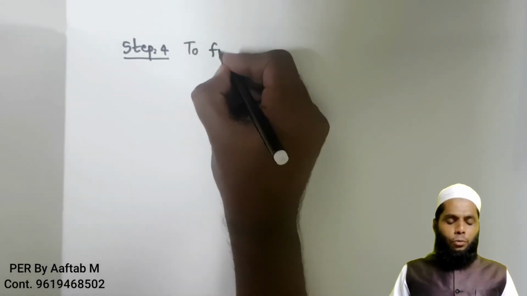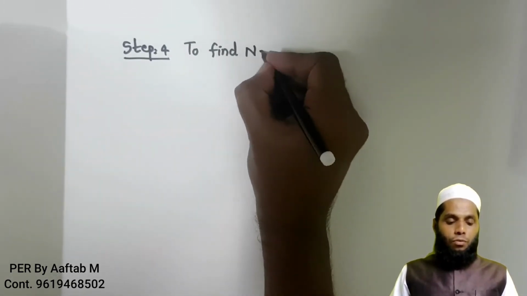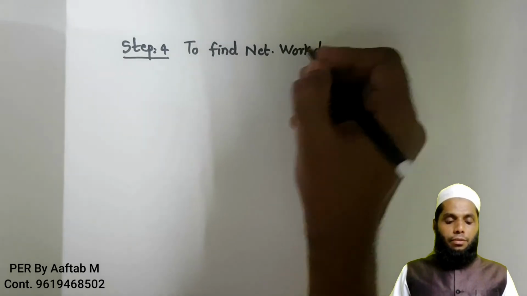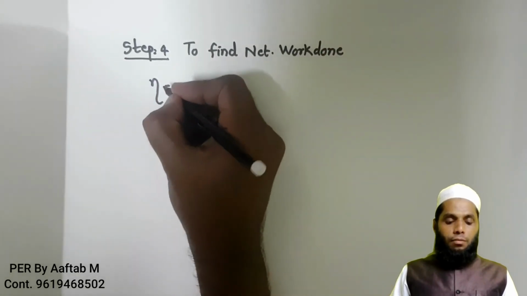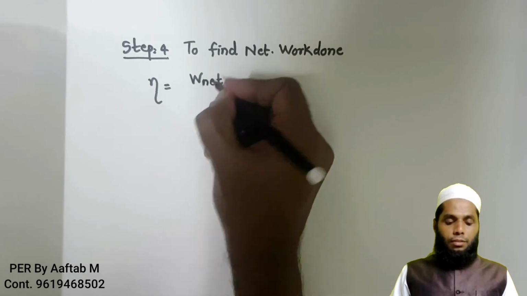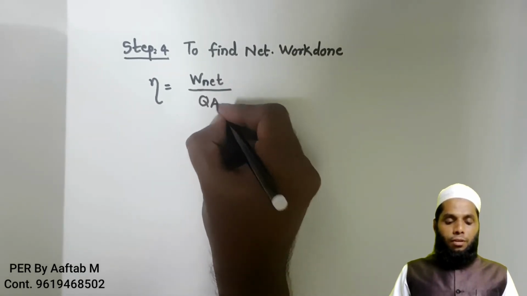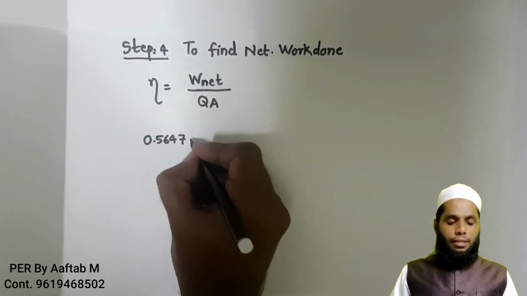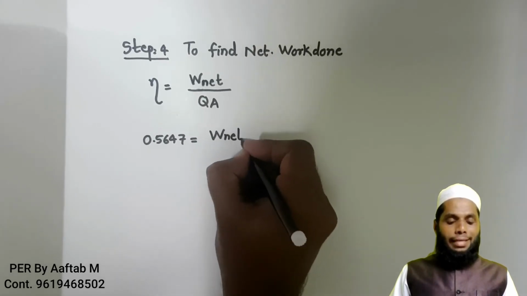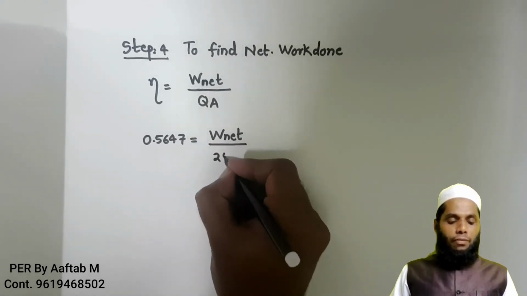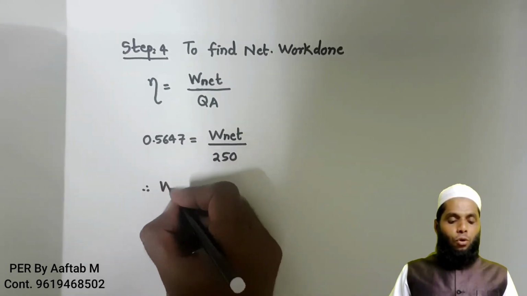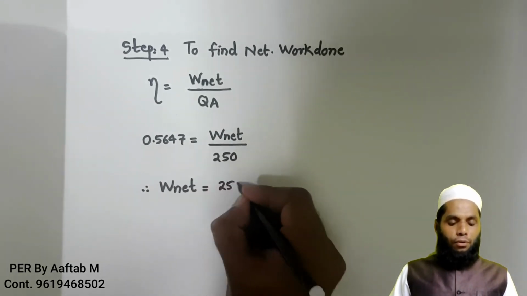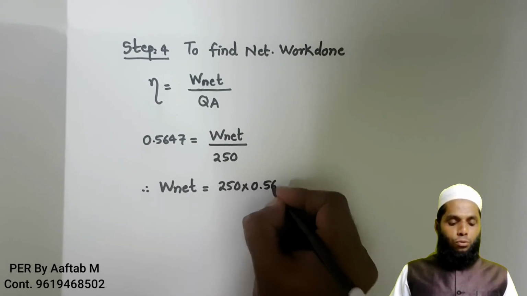Now we are moving to step number 4, to determine the net work done by the system. For the net work done, we'll again use the relation of efficiency of Otto cycle, that is net work done upon heat supplied QA. We already have the efficiency value as a fraction, 0.5647, and the heat added value, that is 250 kilojoule.